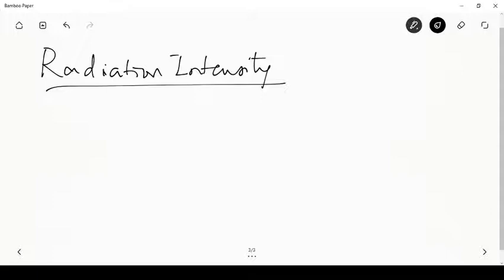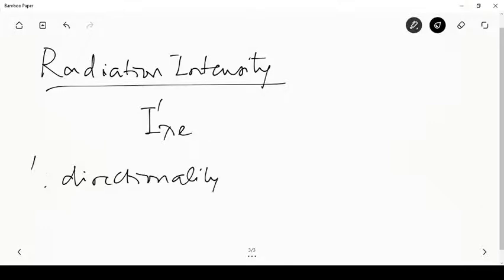So that is how we understand radiation intensity. So this is defined as I prime lambda E. Okay. So here the notation is that the prime stands for directionality, okay. So when it is independent of direction, then the prime disappears.